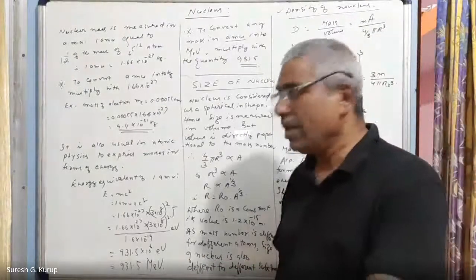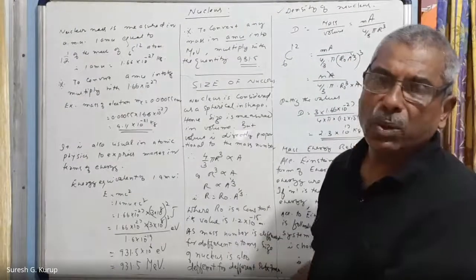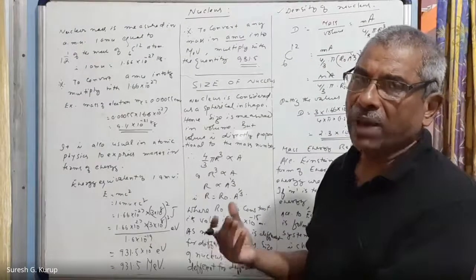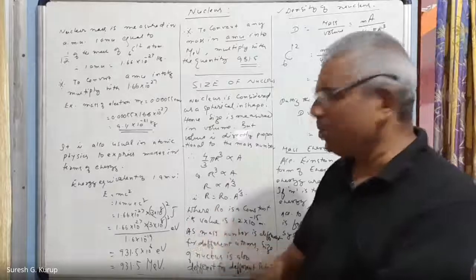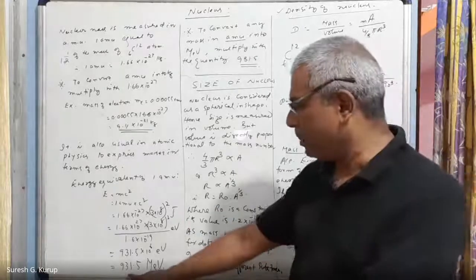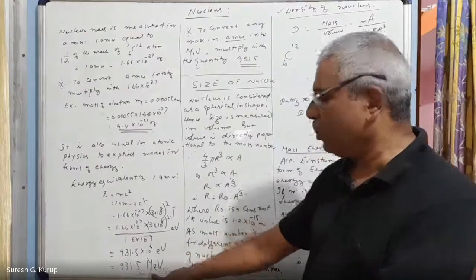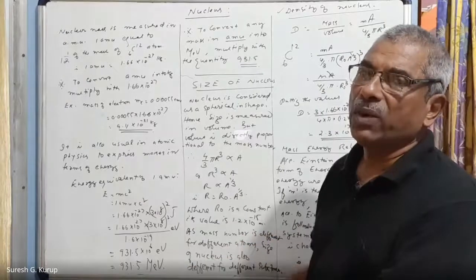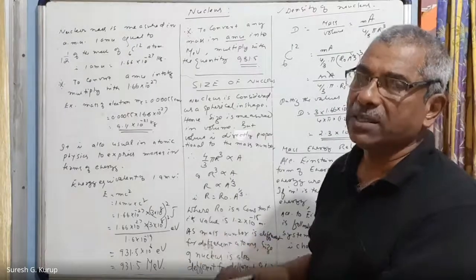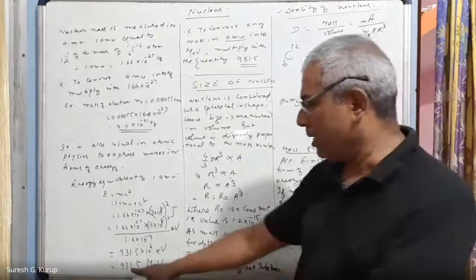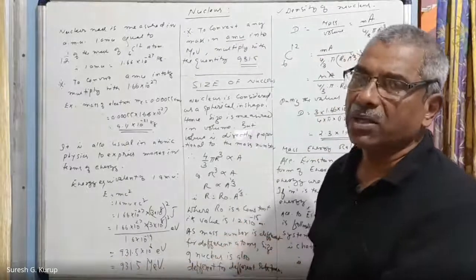That means any amount of atomic mass, to convert into energy, you have to multiply it with 931.5. Then you will get the energy of that mass in mega electron volt.